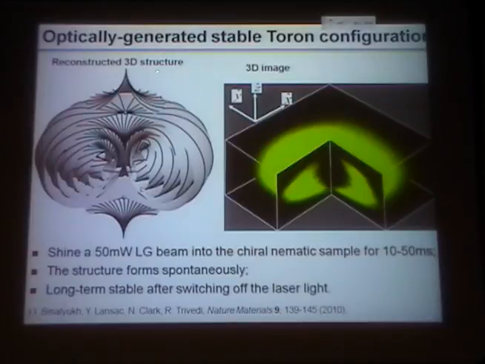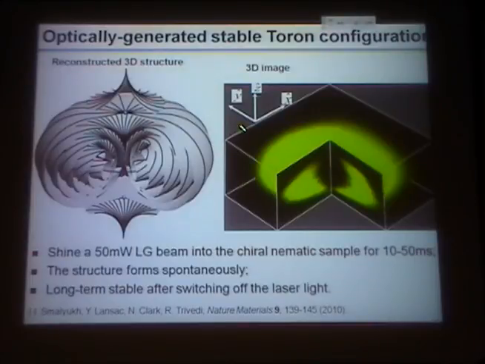So now you can see that far away from the configuration which we call Toron, the director is bending and can be uniformly embedded in a homeotropic texture in a liquid crystal cell, right?